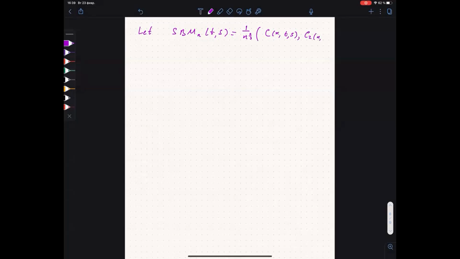It is C1(t, s), of course it depends on n, C2(t, s), and so on. Also, qn is equal to s n^(-4/3), and pn is 1/n plus t n^(-4/3).